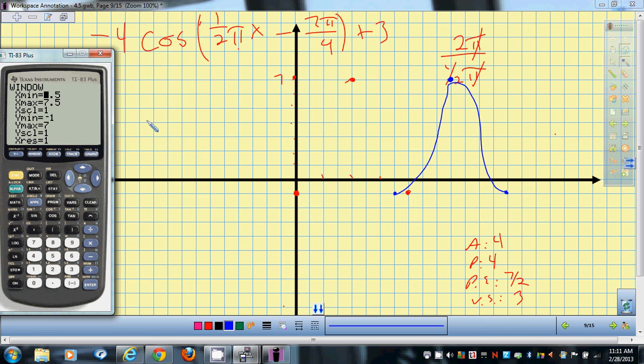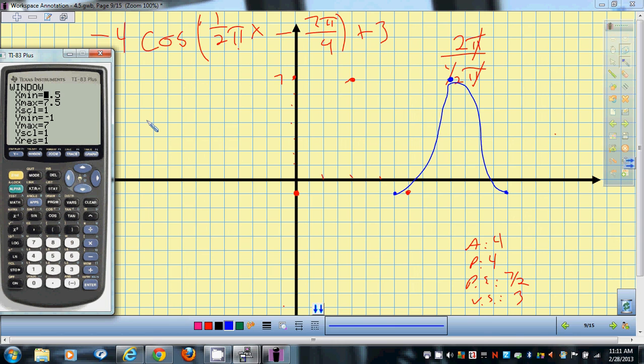But cosine starts on your maximum, and right in the middle of them is your minimum. Ours is just flipped, so it starts on our minimums, and right in the middle of them is the max. That's what it'll always be. The blue dots on this one, but yeah. What do you mean the red dots?